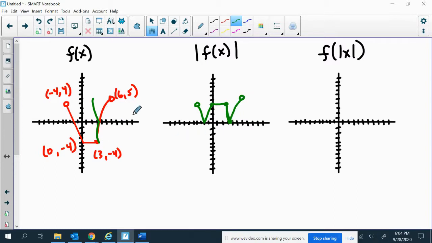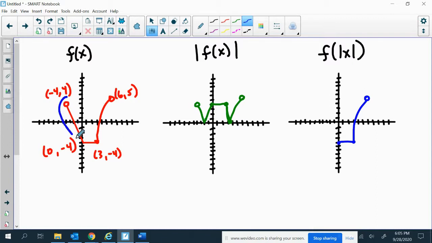So everything that was below gets reflected above. Now, when I look at f of the absolute value of x, everything that is on the right side of the graph stays exactly the same. So (6, 5) continues to be an open circle. So it looks something like that.